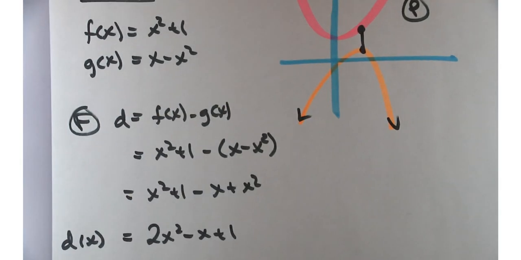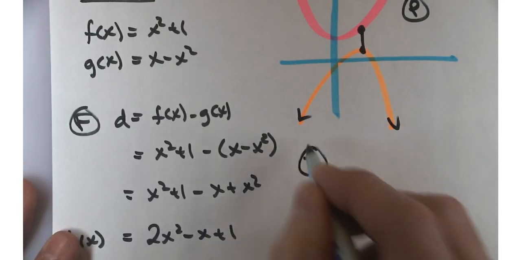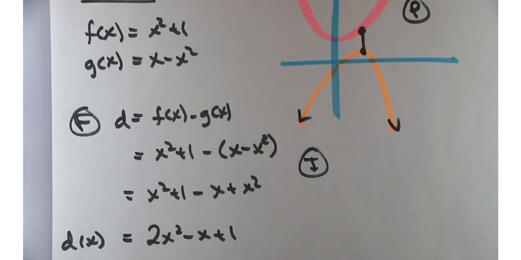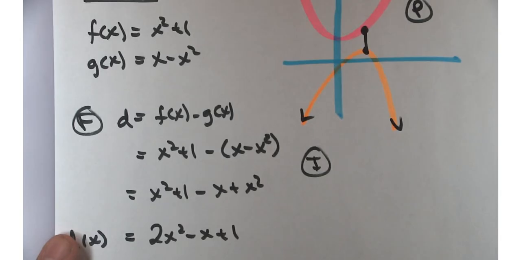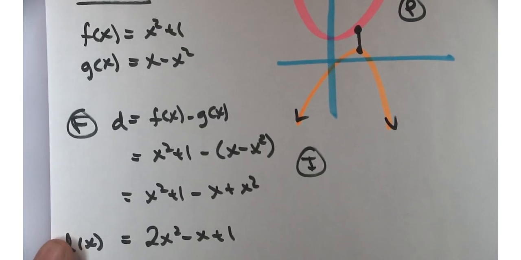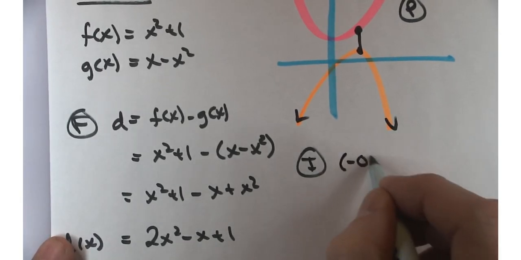Interval. Now, is there any natural restriction on this one like there was the last one? The last one, you could only cut so much material off of your box before there's nothing left to cut. So last one we had between 0 and 7. But is there any natural restriction here? No. So your interval is really negative infinity to infinity.